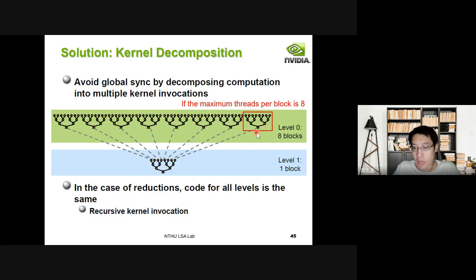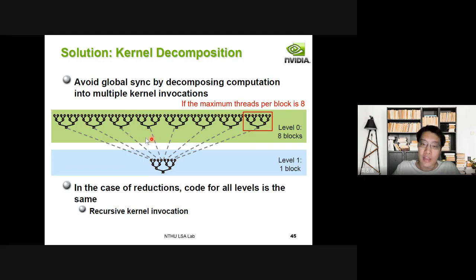Across thread blocks, there's no synchronization needed within this kernel. So basically every three levels we launch a kernel, and for the fourth level and the rest of the iterations, we need to launch a separate kernel.